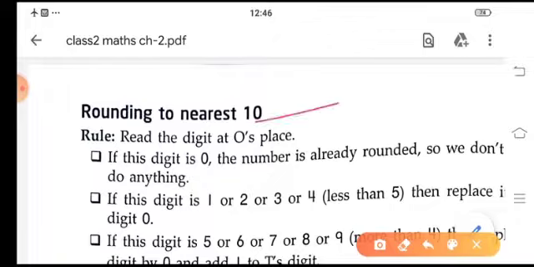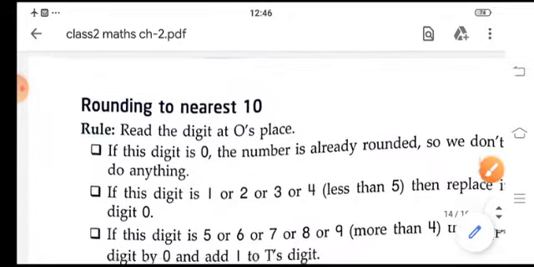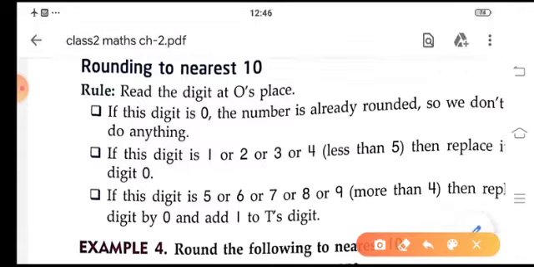First we round the numbers to the nearest 10. First we see the number at the ones place. If 0 is at the ones place, then we do not do anything. It is written as it is. But if the digit at the ones place is 1, 2, 3, 4, less than 5, then it is replaced by 0.